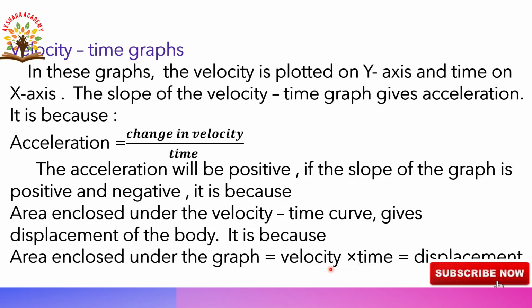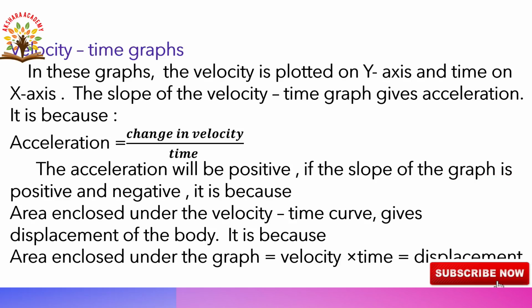From this graph we can calculate displacement by the area enclosed under the graph, and we can calculate the slope of the velocity time graph. It gives acceleration. Acceleration is equal to change in velocity by time taken. Now I will go one by one.